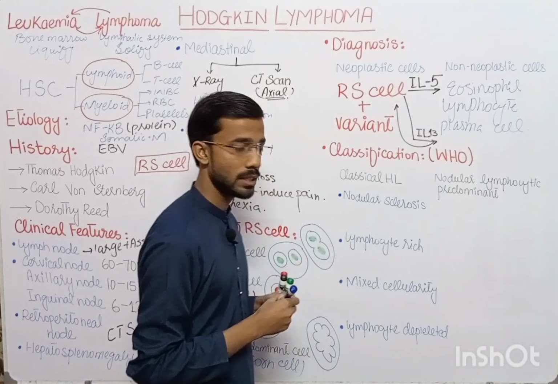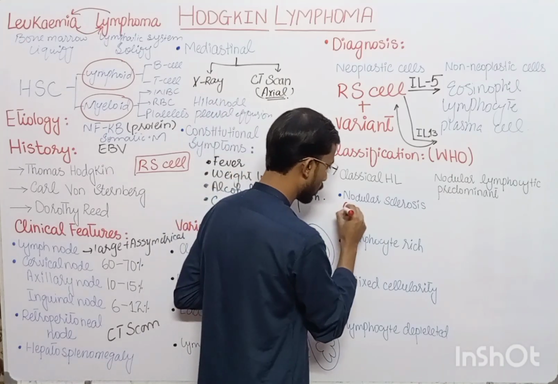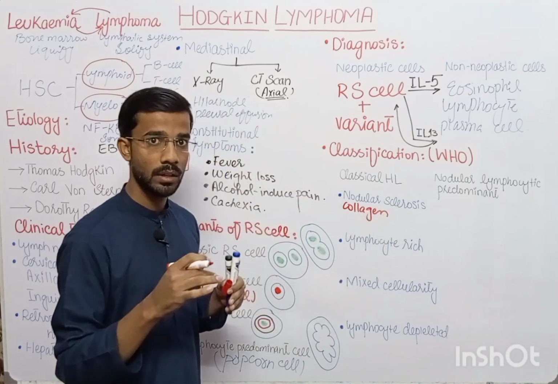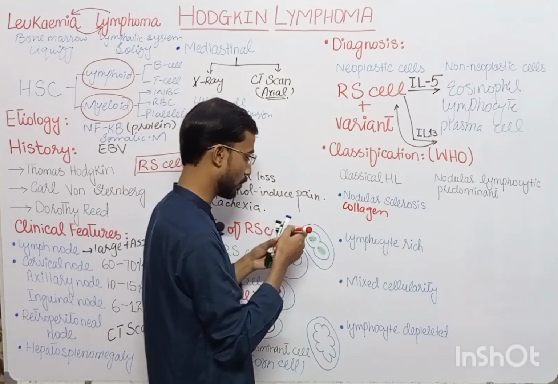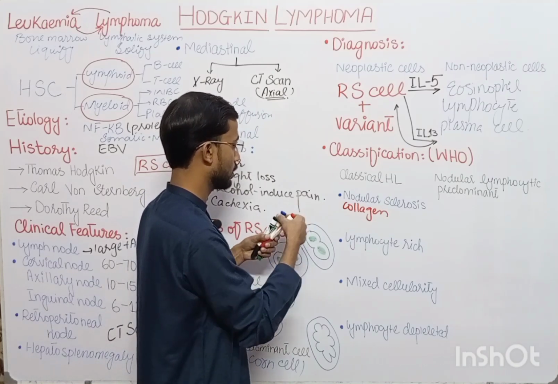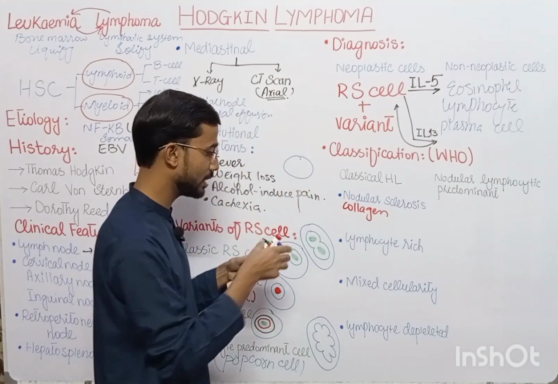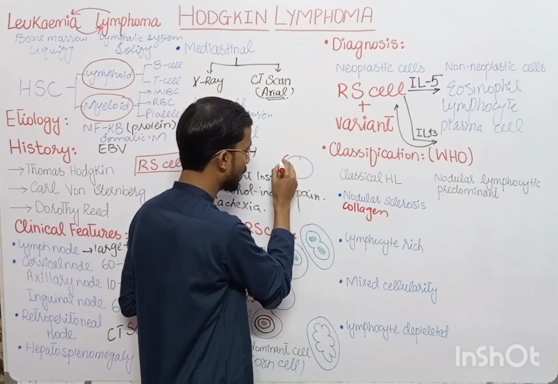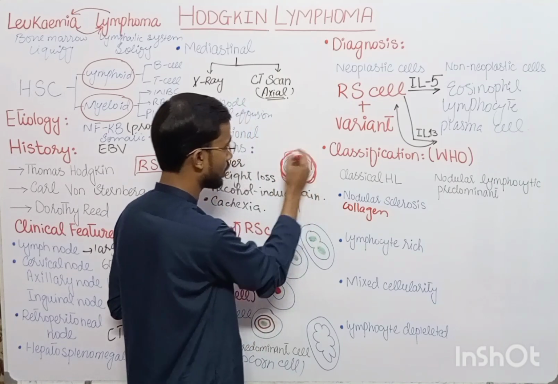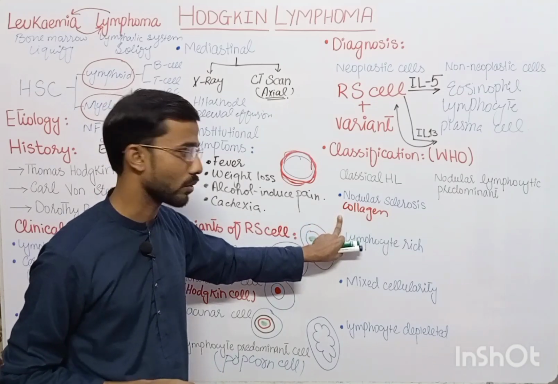In nodular sclerosis, collagen fibers cover the lymph node. You can see this is a lymph node and the collagen fibers cover this lymph node.